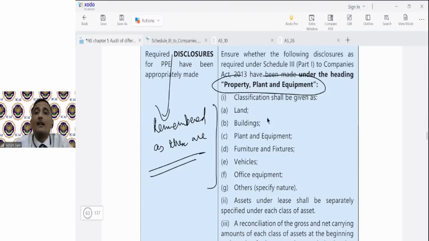So how are PPE items classified? As per Schedule 3 Division 1, these are classified into land, buildings, plant and equipment, furniture and fixtures, vehicles, office equipment, and others, which is a residual category.